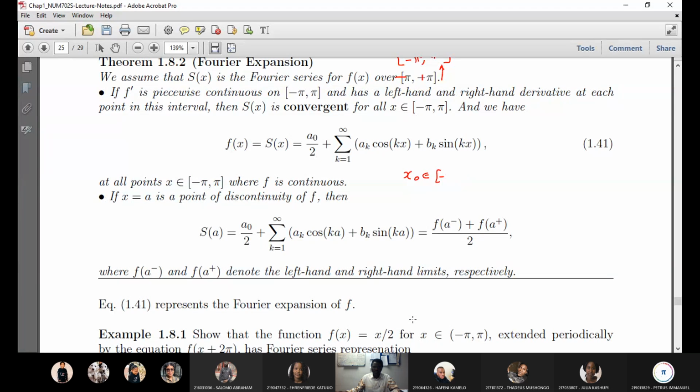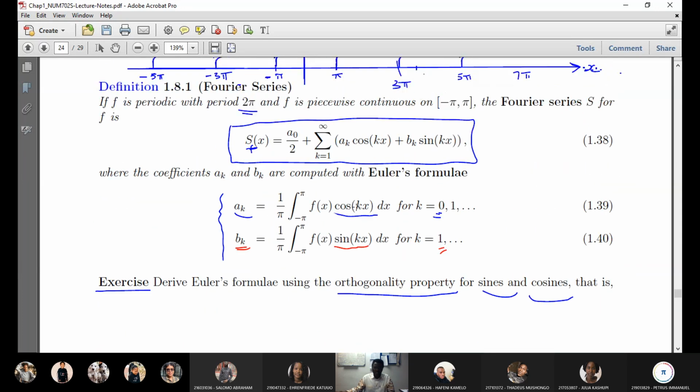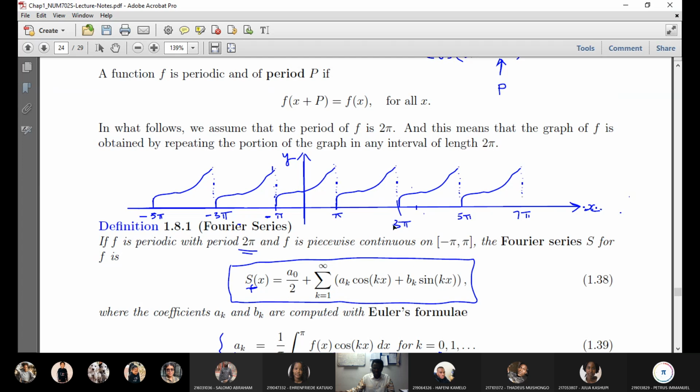Now, we know what the points of discontinuity are. If you look at this example, you can see that all these points, negative 5 pi, negative 3 pi, negative pi, 3 pi, and all those points are points of discontinuity, because you can see that here at pi, there are two values that the function can take. You have this one and you have that value on top there. So there's a jump at this position. So the function is not continuous here at pi, at all these points.